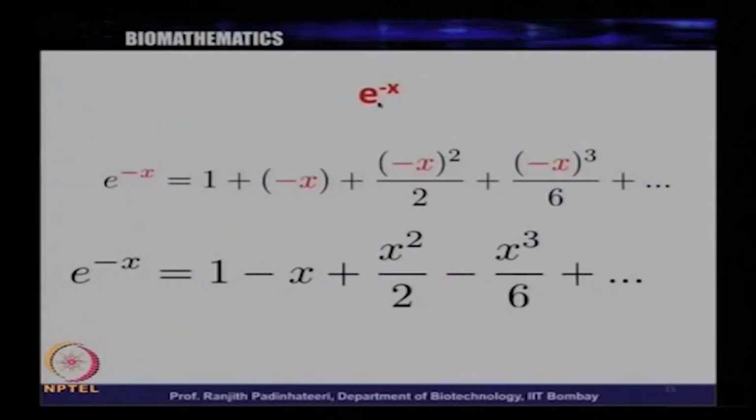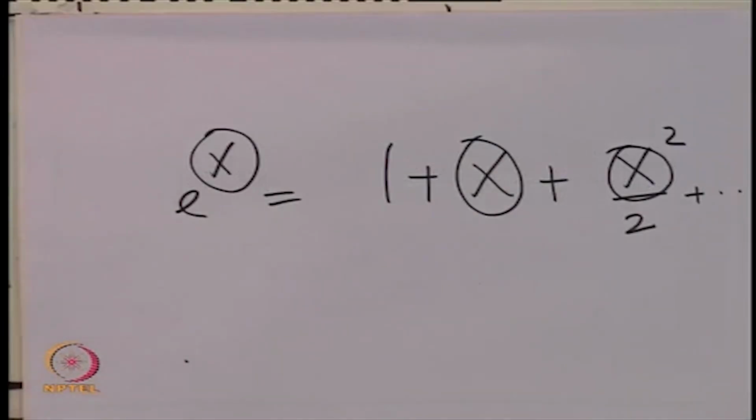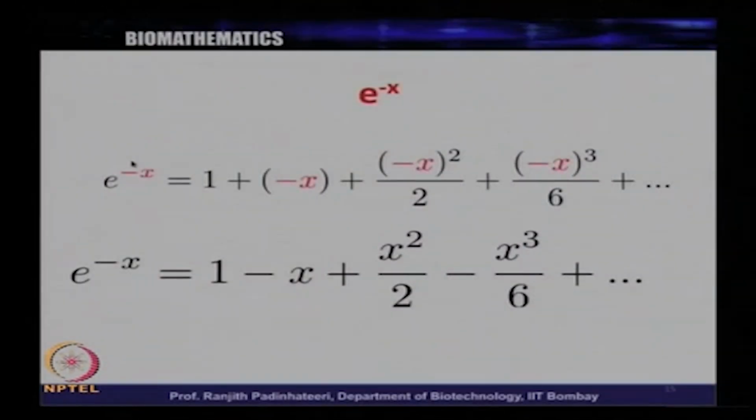This function e power minus x is essentially the exponential function itself, but wherever there is x, put minus x there. So, wherever there is x in this e power x, if you put minus x there, you will get e power minus x. What is shown here in red is wherever there was x, I put minus x there: 1 plus minus x plus minus x whole square plus minus x whole cube and so on and so forth.